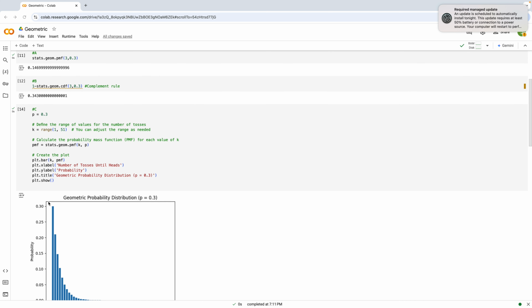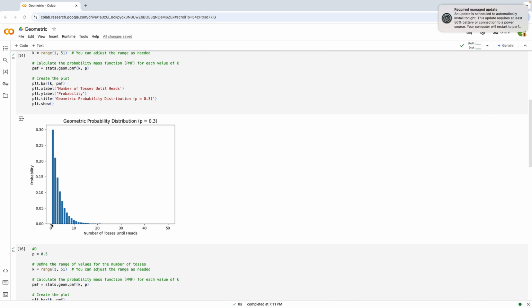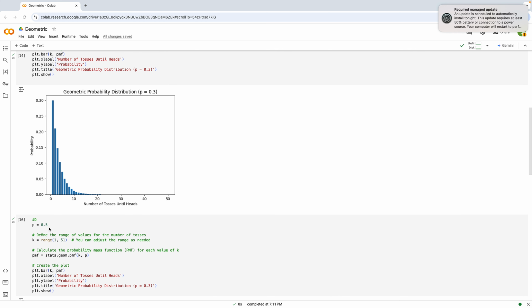So if I look at a graph of the probabilities, the most common outcome is that it just takes 1 toss, then 2 tosses, then 3 tosses, and it goes down in probability quite rapidly. If I change the probability to be 50%, let's see what happens to the graph.